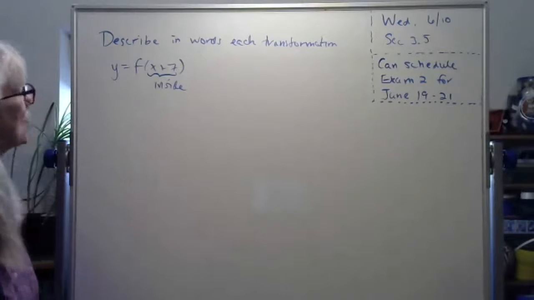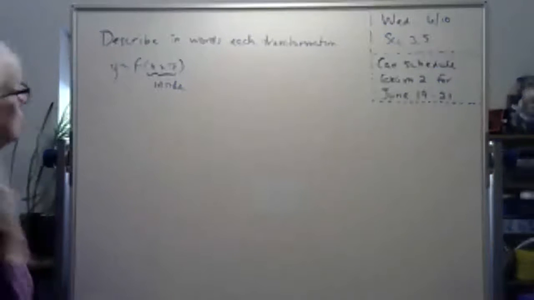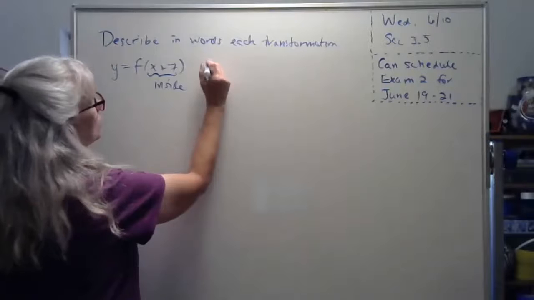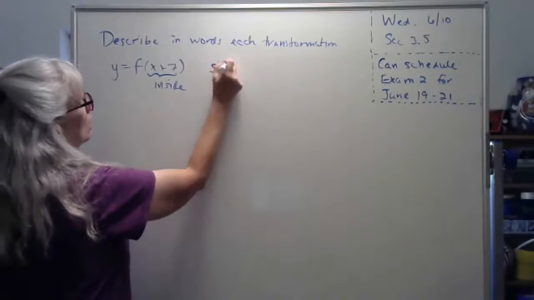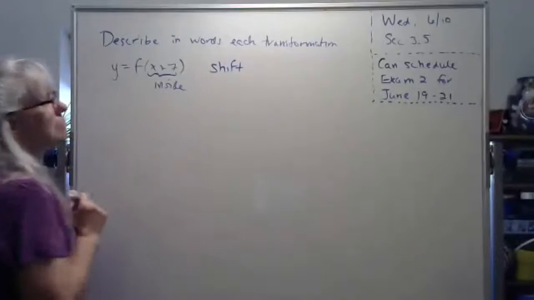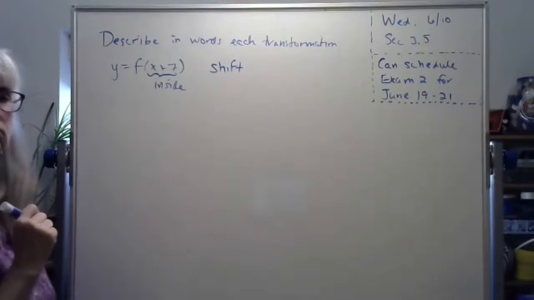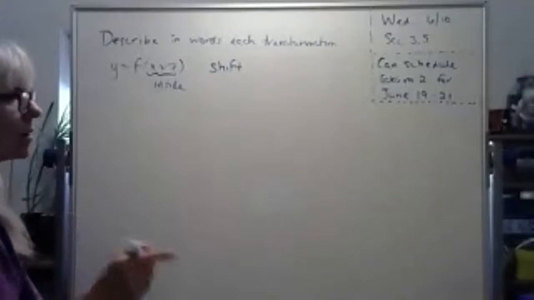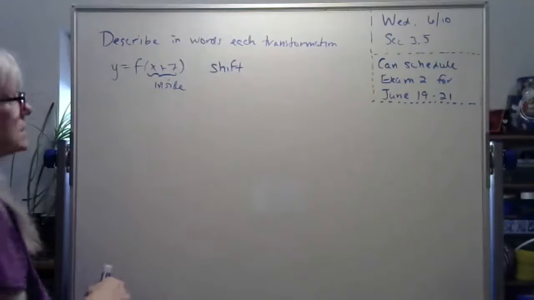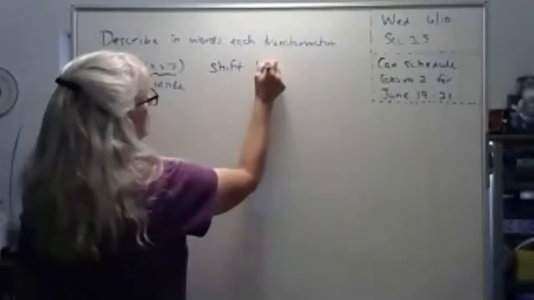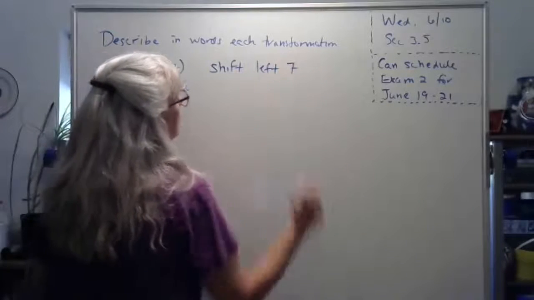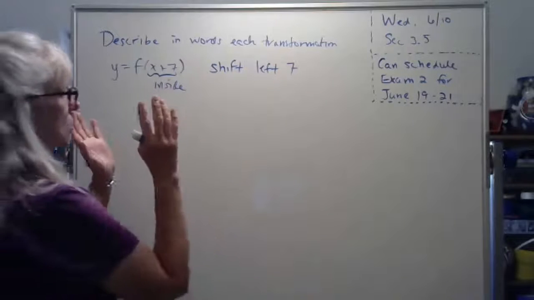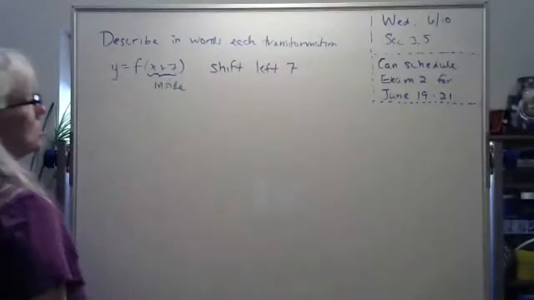So what is that going to do to the graph? How are we going to shift this graph? Left 7. Yeah, it's opposite of what it says. So left 7, exactly. Whatever that picture looks like, we're going to pick it up and move it to the left 7 units.